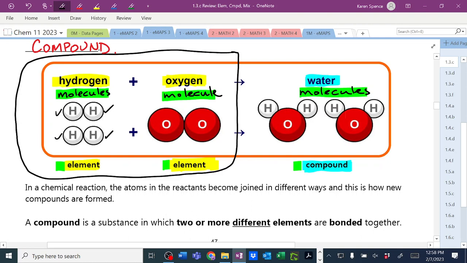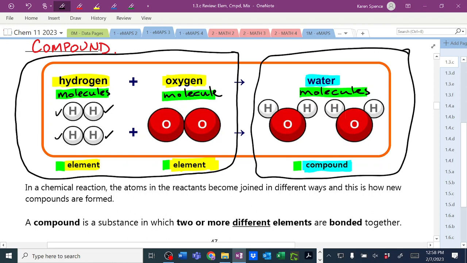How many hydrogen atoms in the products? 4. How many oxygen atoms in the reactants? 1, 2, and in the products, 1, 2.